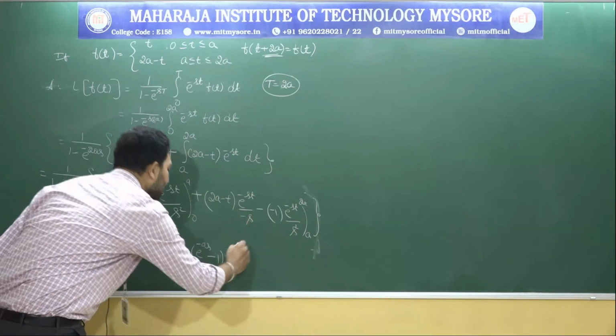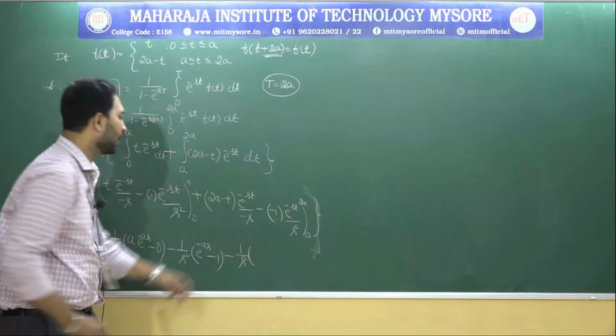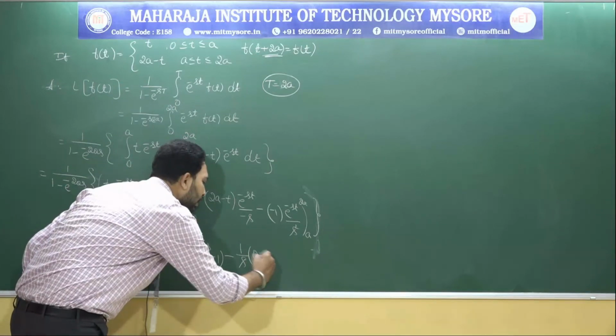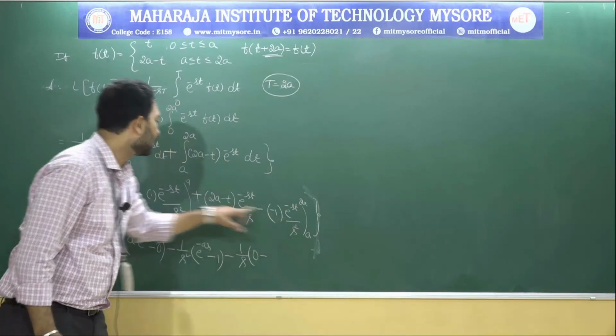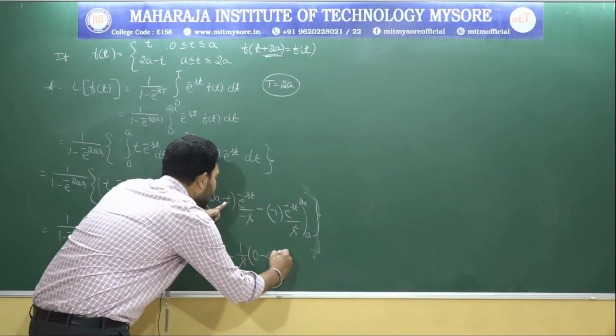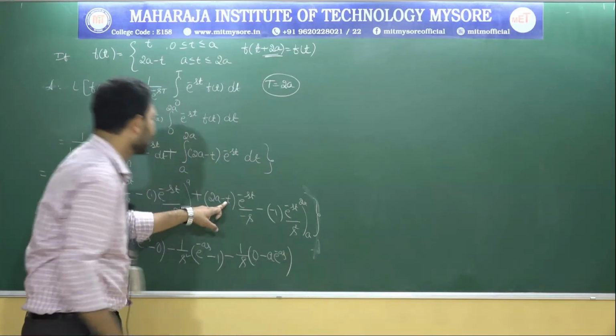Next, minus 1 by s into upper limit, if I put 2a here, 2a minus 2a is 0, minus lower limit, put a here, 2a minus a, it is a into e power minus as.